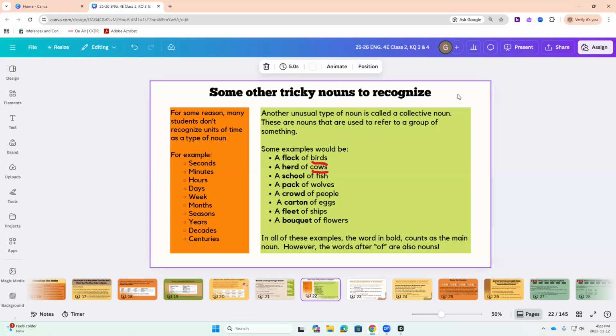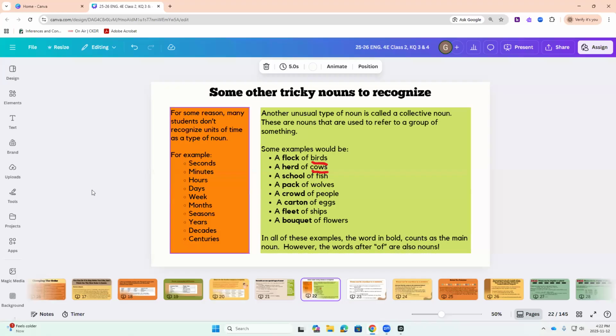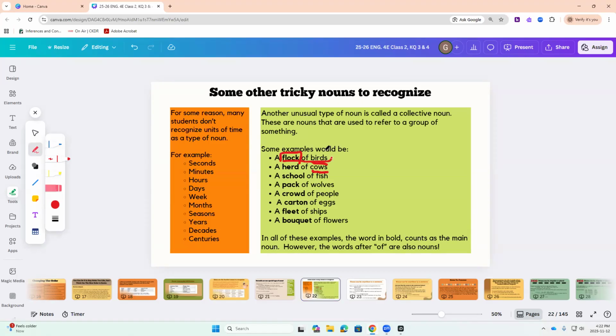The other one would be what we call collective nouns, and those are nouns that refer to a group of something. So if I say a flock of birds, flock is a noun, and the of birds part is acting as an adjective that's describing it, but birds is still actually a noun. A herd of cows.